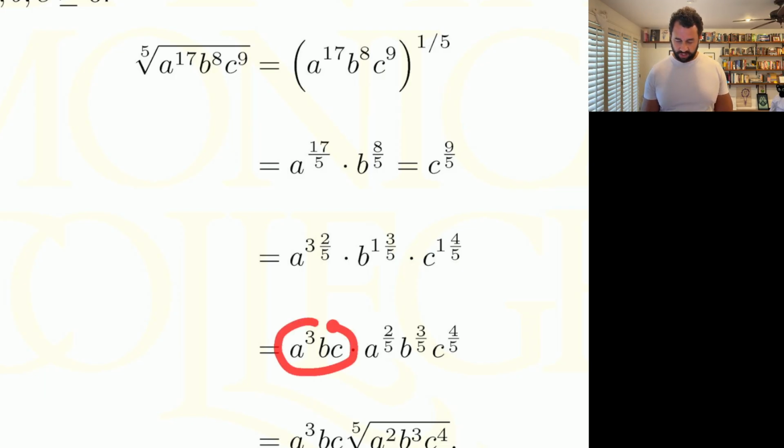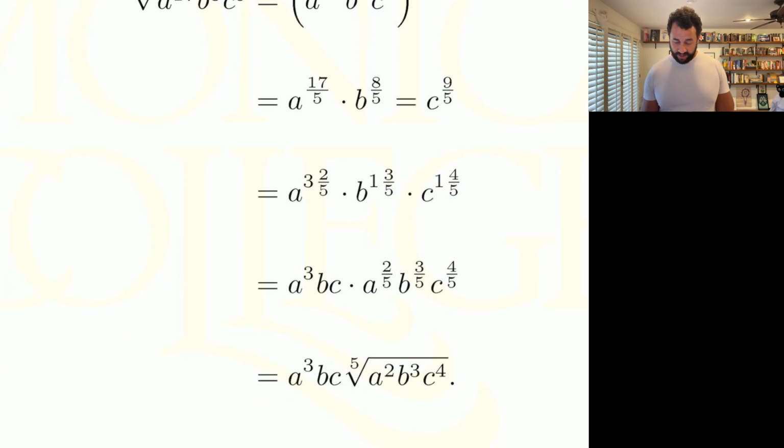So I'm going to mush all of the whole factors together, A cubed, B, C, and I'm going to put all of the fractional factors together, A to the 2/5, B to the 3/5, and C to the 4/5. There it is. Now, again, using properties of exponents, we can just rewrite this as A squared B cubed C to the 4th to the 1/5 to get that radical.